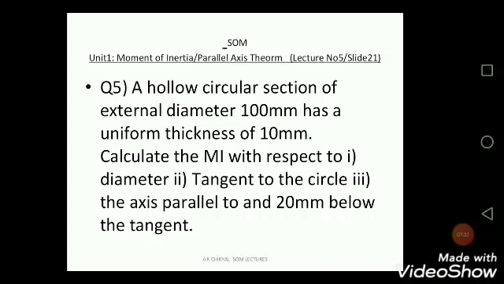And H1 or H2 is the distance of axis XX from CD. So this is the geometry part. Now use your own basic knowledge of geometry and solve the problem.